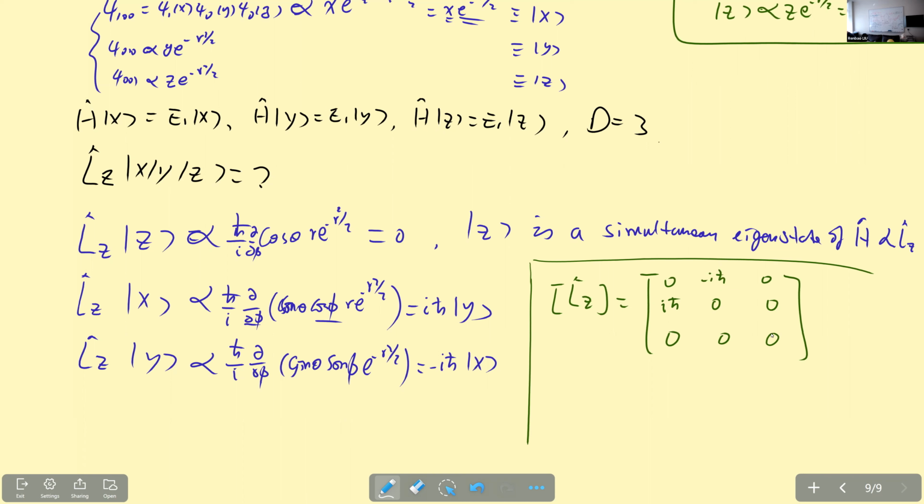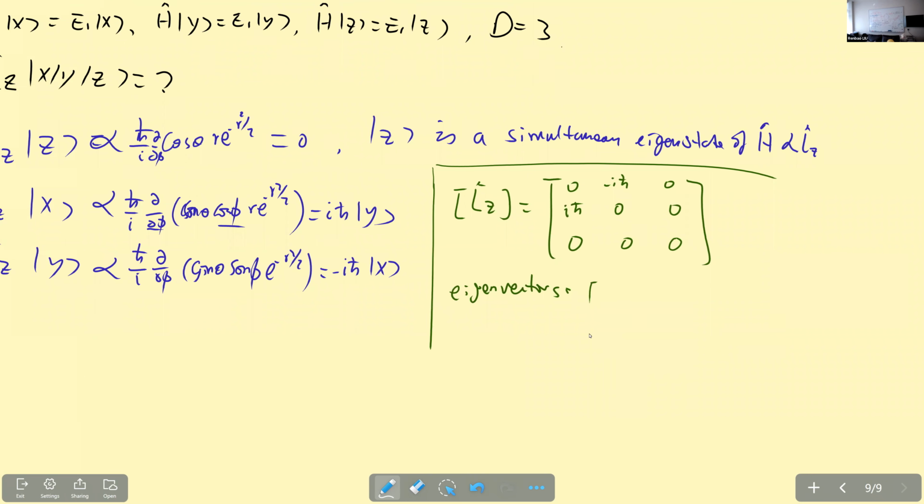This is very easy to diagonalize. So the eigenvectors, first of all, it's actually very simple: 1 over square root of 2, i over square root of 2, and 0.